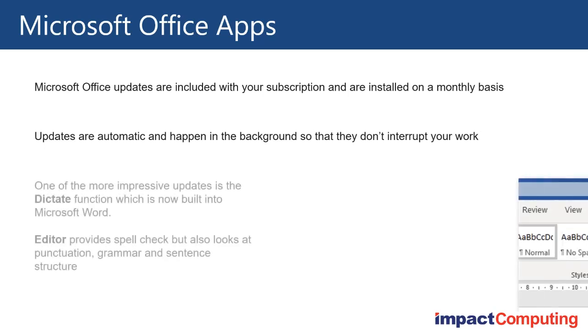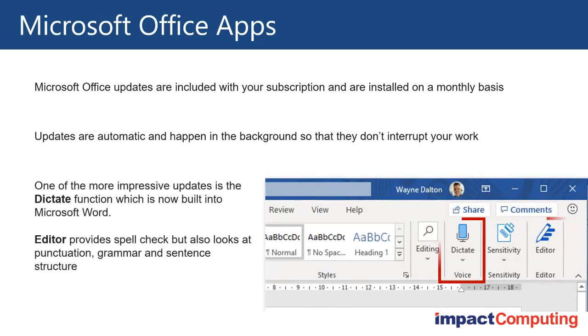So over the past couple of months, a couple of examples of recently released features include the Dictate option for Word, which removes the need for additional third-party speech-to-text software, and it generally works without you having to train it to your voice.